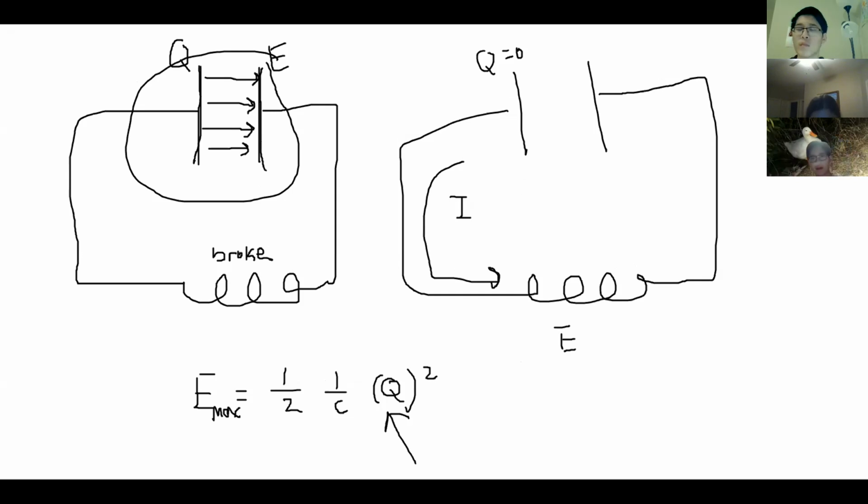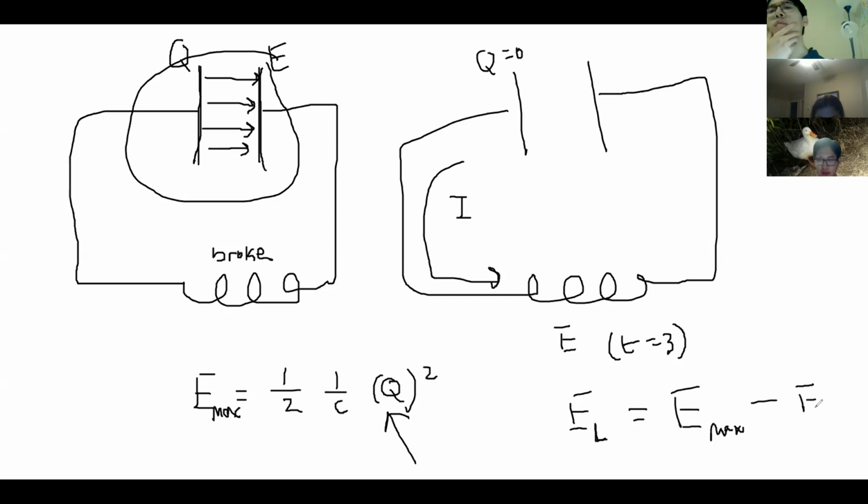I don't think they'll test the oscillations themselves, but if they ask what the energy in the inductor L is at time equals 3 or something, well, the energy in the inductor is going to be the max energy minus the energy remaining in the capacitor.